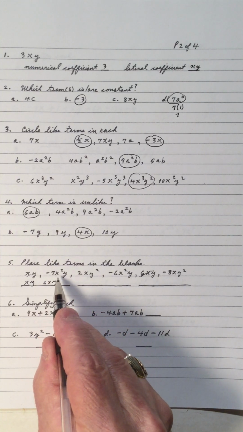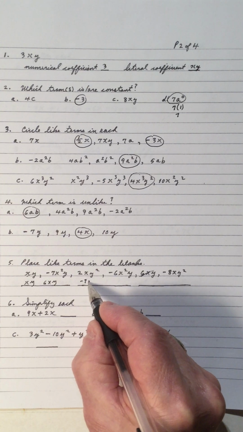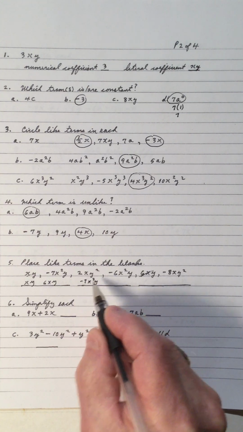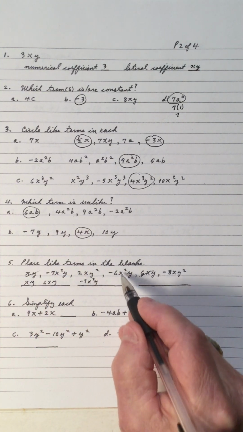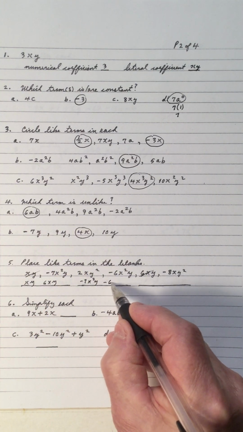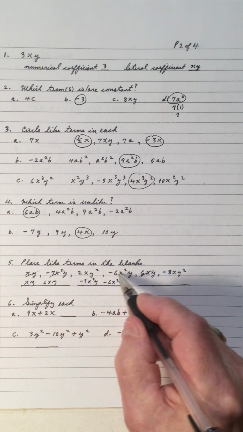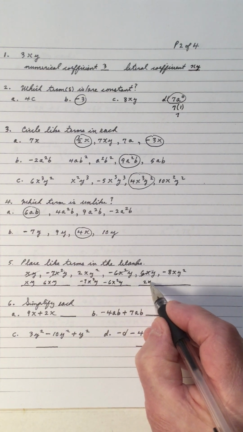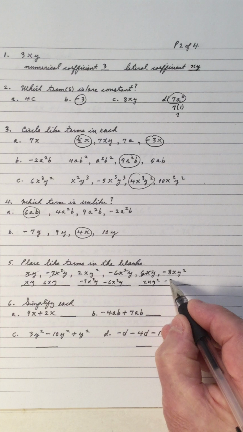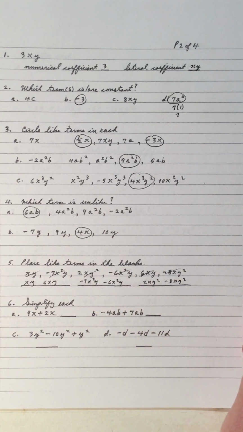We have a -7x squared y, so -7x squared y. So we got any more? X squared y is here, so that's -6x squared y. So they're gone, and so we have xy squared, so we got a 2xy squared and a -8xy squared. So those are the like terms.